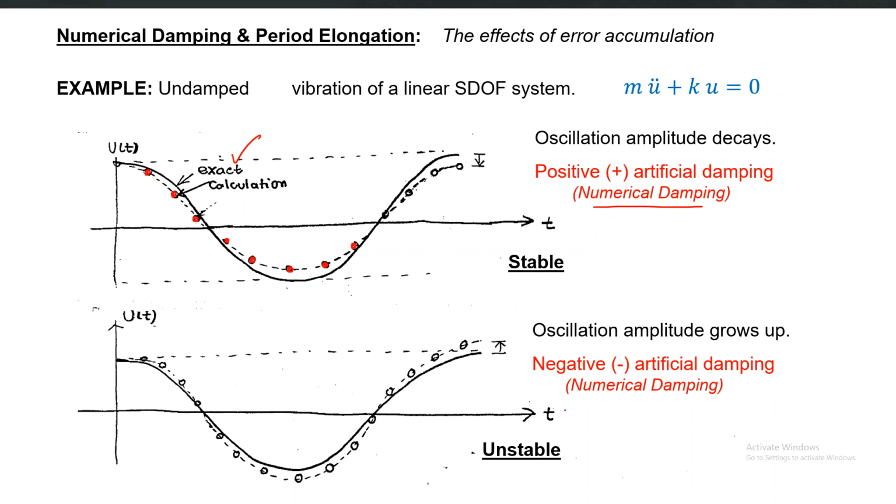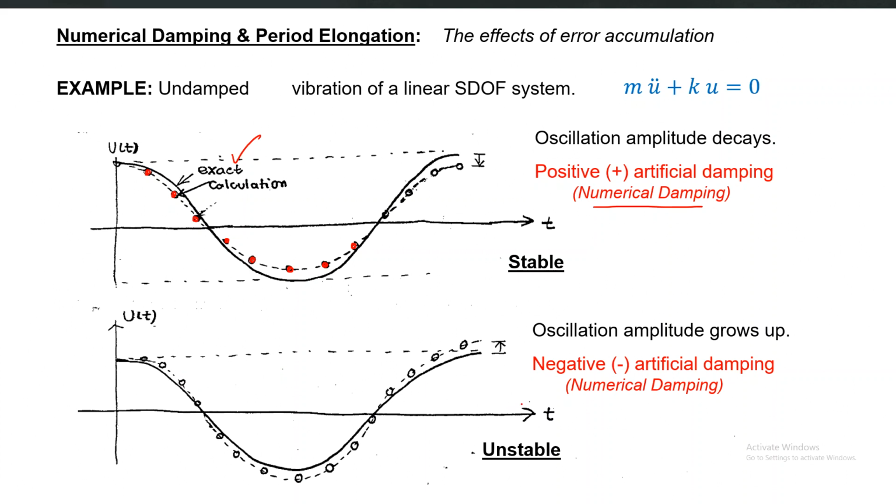So we can hypothetically say that now the effect of error is such that the system is having a negative artificial damping or a negative numerical damping. Negative damping means that the amplitude is increasing with number of cycles. The error is such that it is resulting in an increased amplitude compared to the exact solution with number of cycles.